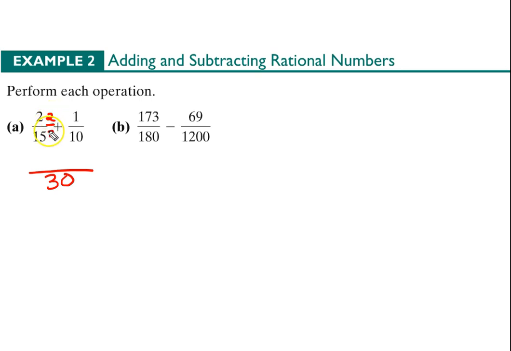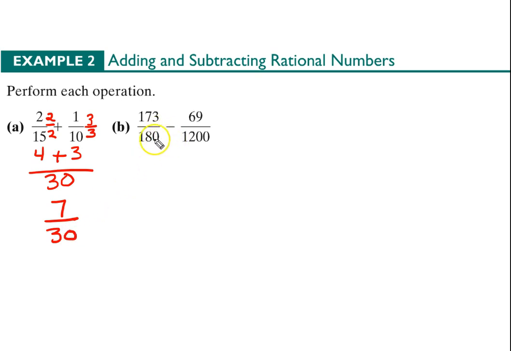That's our 1. And here we're going to multiply this one by 3 over 3. So this is going to be 4 over 30 plus 3 over 30. So this gives you a 7 over 30.